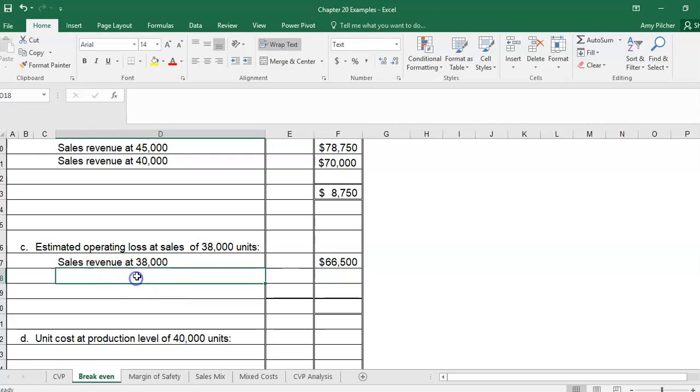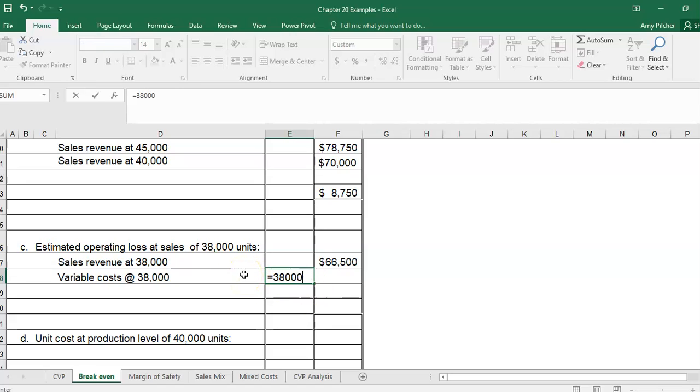Then we have our variable costs at 38,000 units, which equals 38,000 times variable cost of $1.25 per unit.